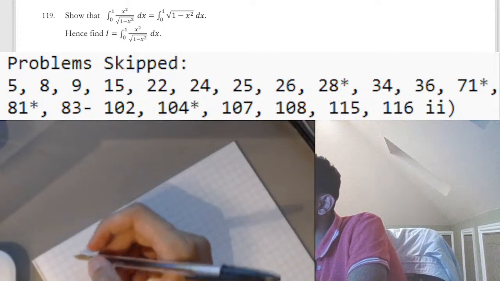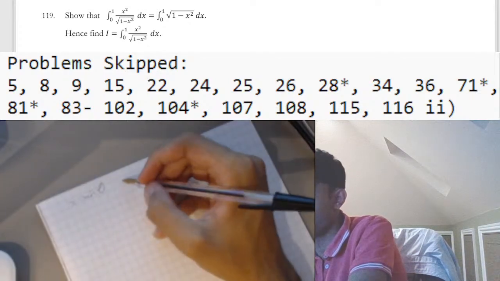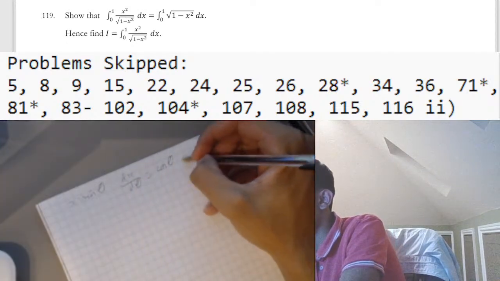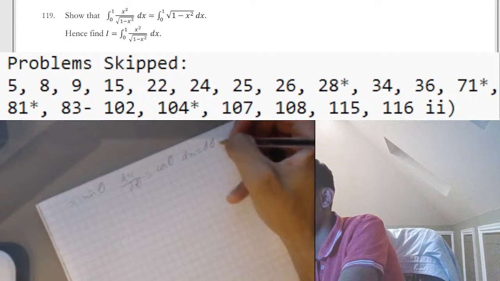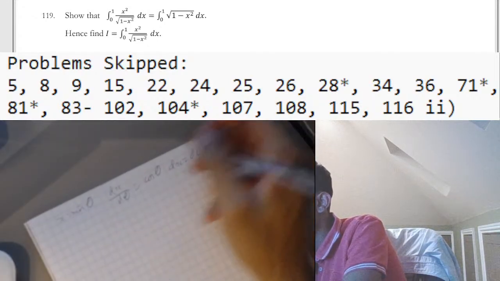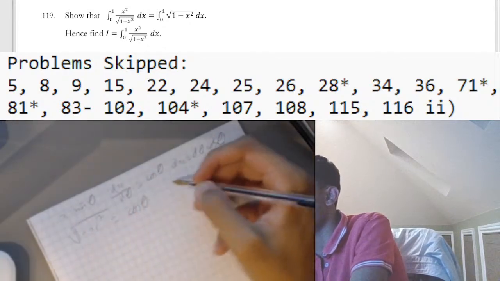Probably put x as sine theta. So dx by d theta is cos theta, so dx is cos theta d theta. And you know that the square root of 1 minus x squared is cos theta.